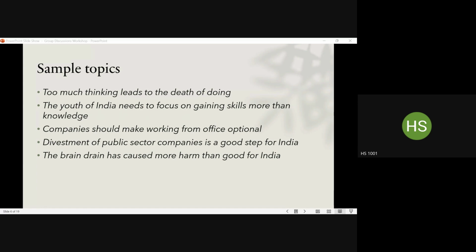And as an Indian, this will form a part of your general awareness. What are the public sector companies? Are they being divested? Is our government's policy changing? This is part of your general awareness or your general knowledge. Okay? That is why this topic is considered a general topic more often than it is considered a debatable topic.